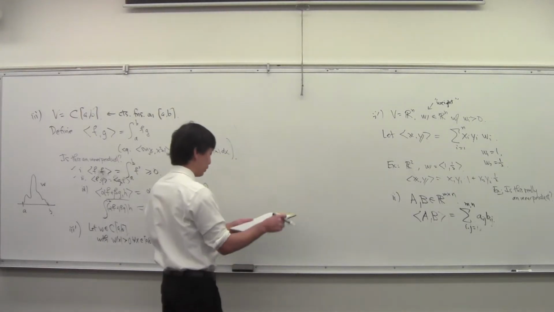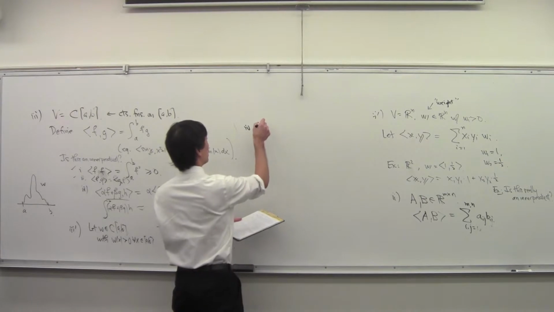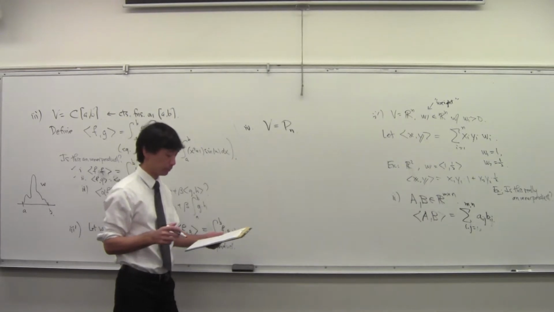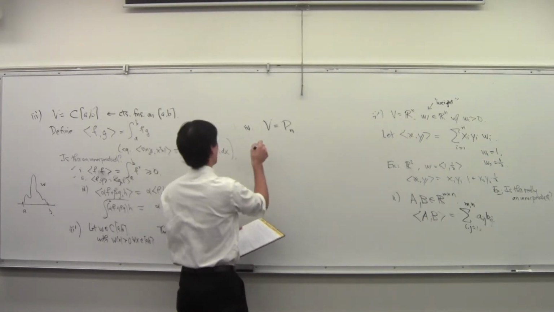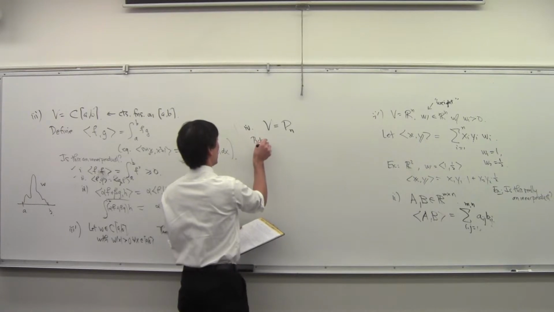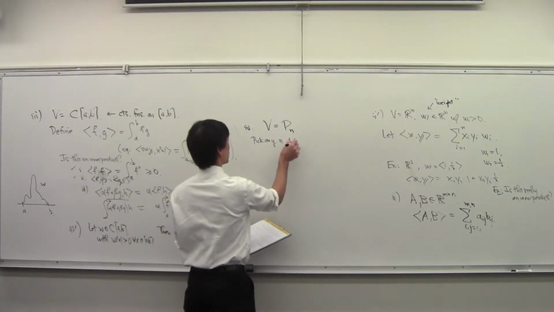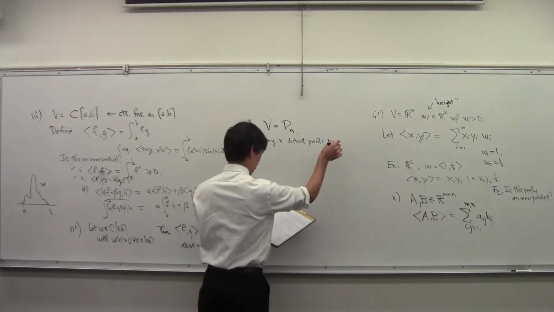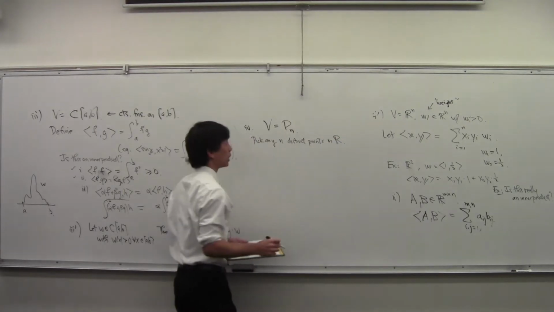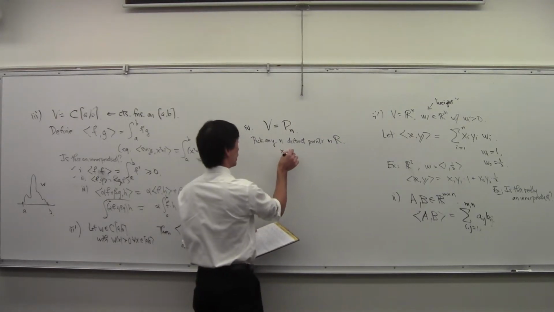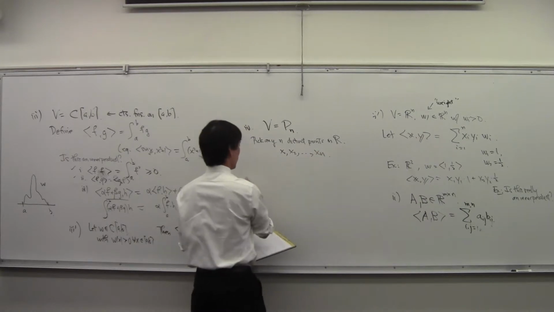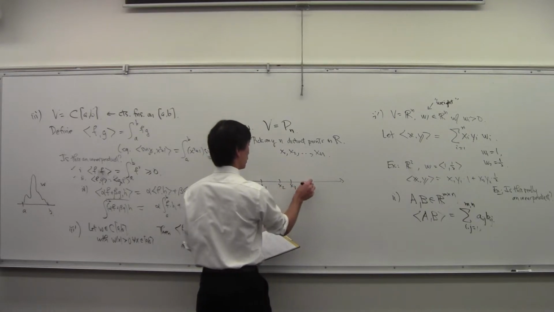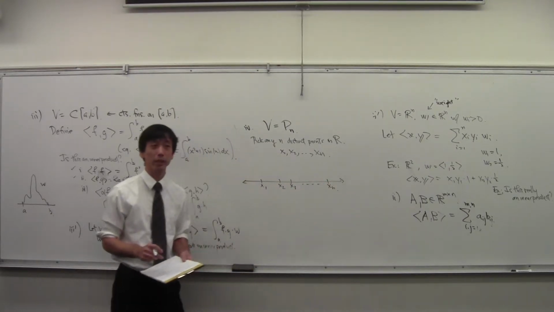One more example of an inner product. Let V be the polynomials of degree less than n. Pick any n distinct points in R, call them x1, x2, through xn. So here's R, and you choose n distinct points there.